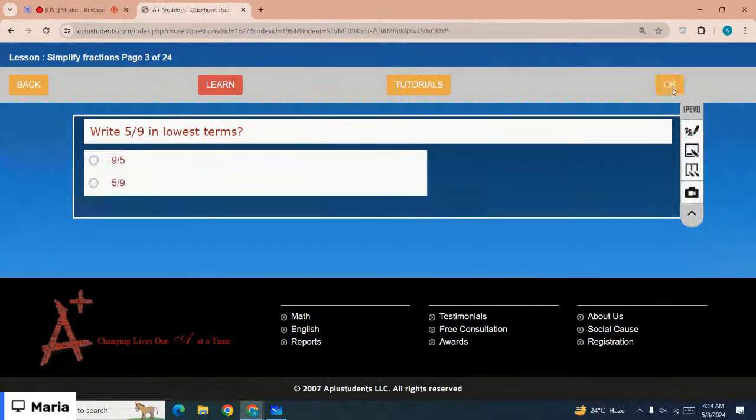Write 5 by 9 in lowest terms, which is the correct option. That is already in the lowest term, right? The correct option is 5 over 9.